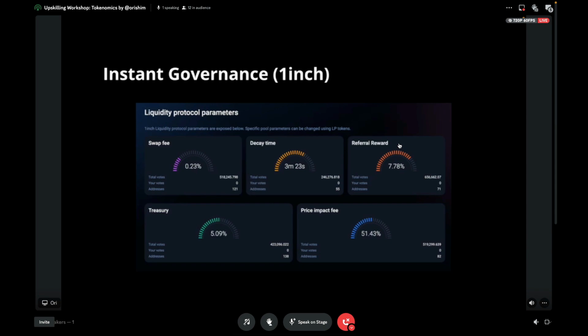So basically, instead of these parameters being set manually through yes, no governance votes, they're set in real time by token staking. You can stake your tokens on the value you think the parameter should be, and then the smart contract aggregates those and sets it in real time to the token weighted median of what all the stakers want the value to be.